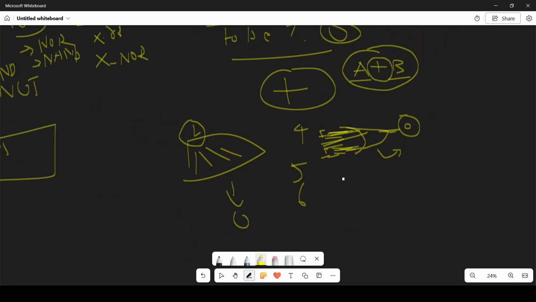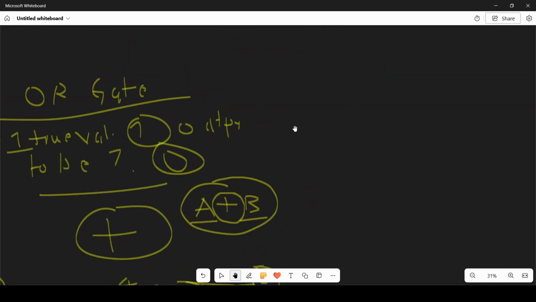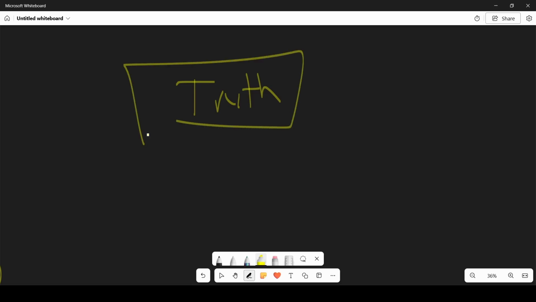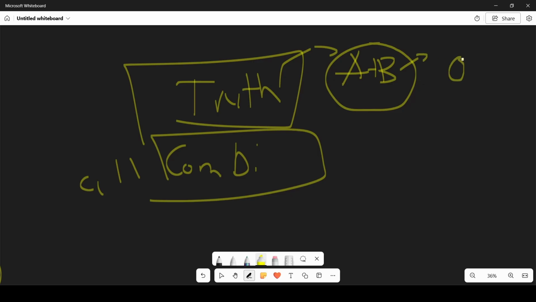So let's understand the OR gate better. There is also something called a truth table, which we will use throughout our digital logic learning. A truth table is all the possible combinations of input. For example, there is A and B. The truth table will show us all the possible output combinations.